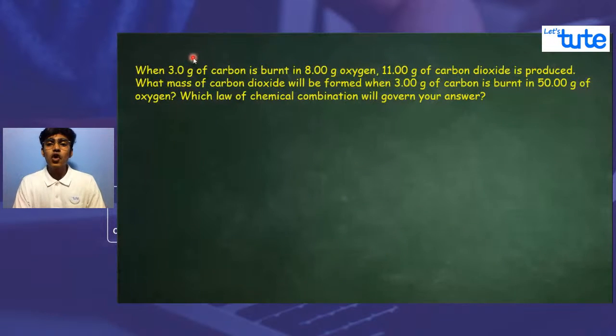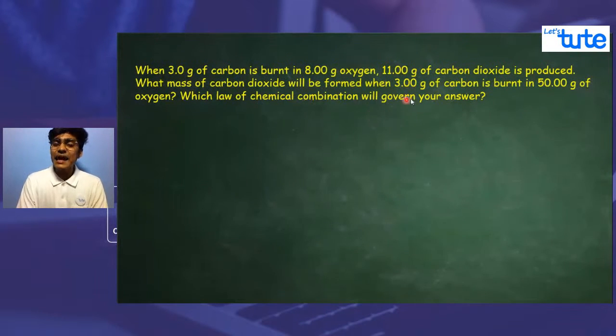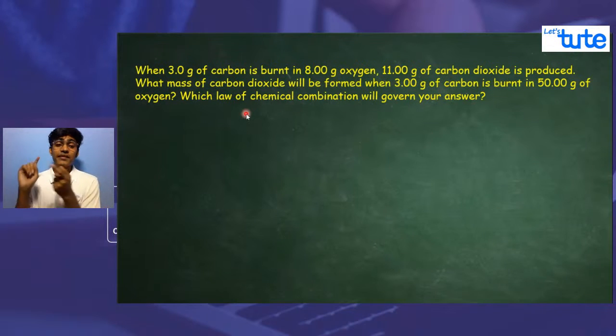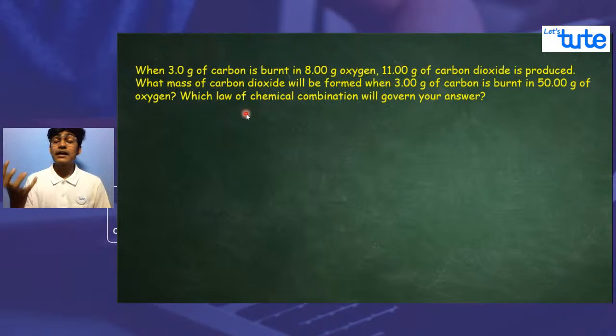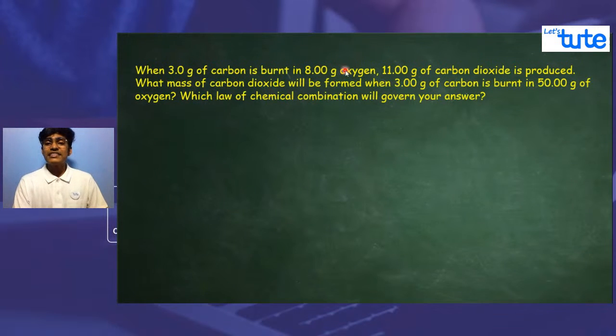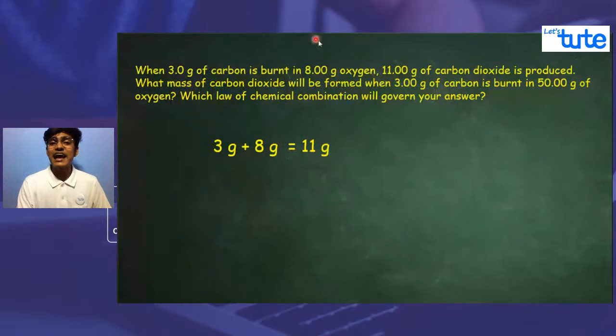Now they ask what mass of carbon dioxide will be formed when 3 grams of carbon is burned in 50 grams of oxygen. In the first statement, 3 grams of carbon reacts with 8 grams of oxygen to form 11 grams of carbon dioxide.